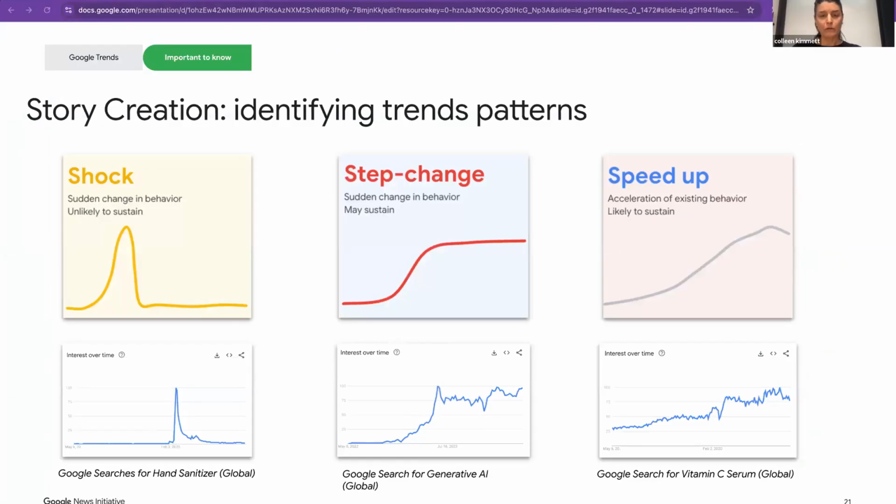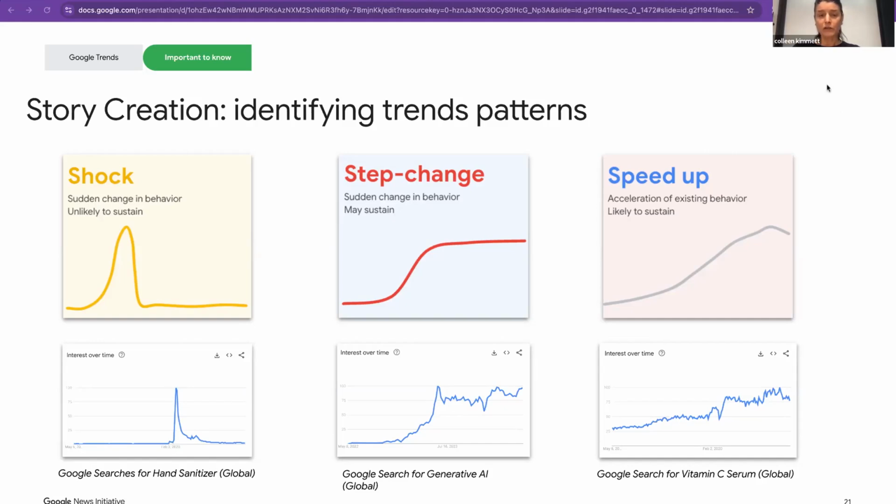And Google has broken those down into a shock change. This is a sudden spike in search interest that is unlikely to sustain, so it goes right up and then goes back down. Hand sanitizer is the example they show at the bottom of the slide.